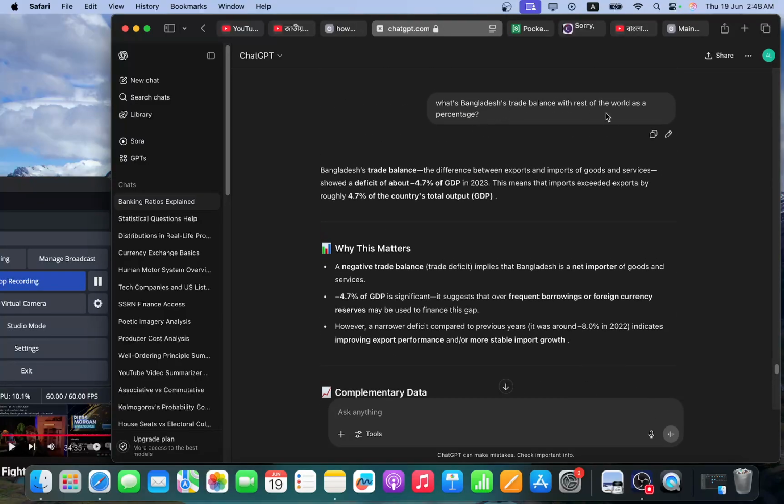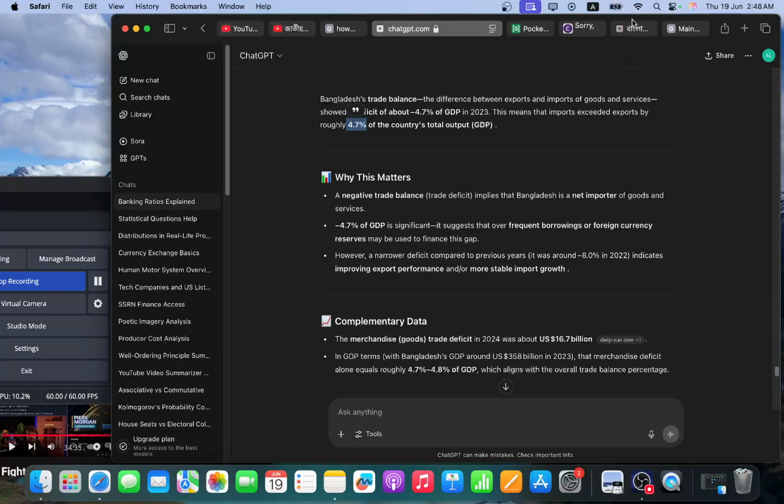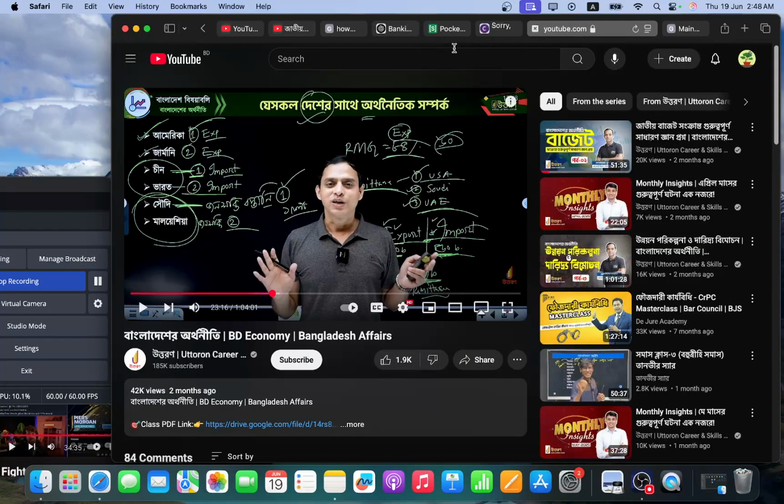Bangladesh's trade balance with the rest of the world, the difference between exports and imports of goods and services, is 4.7% of GDP. This means imports exceeded exports by roughly 4.7%. According to him, we covered this gap by remittance.